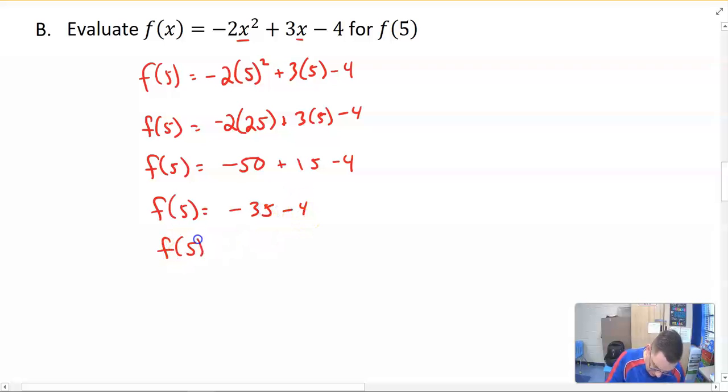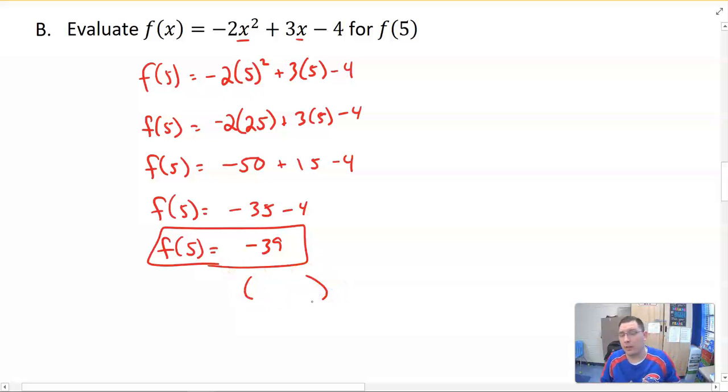So f of 5 is equal to negative 39. And again, if we were going to put this on the coordinate plane or we need it for something else, we can write the ordered pair, and in this case, that would be what? The x is 5, and the y is negative 39.